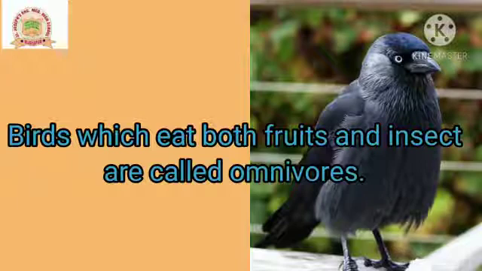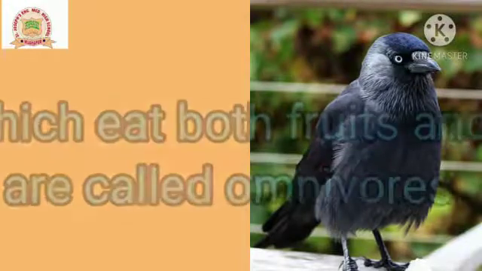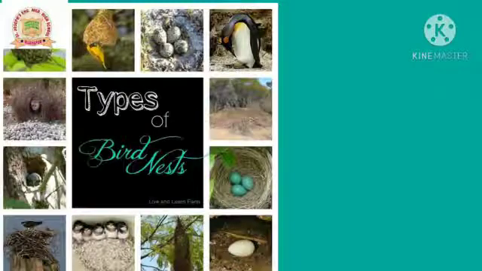That's why it is an omnivorous bird, means it can eat both fruits and insects. Children, you got it? What are the types of the birds? Herbivore, carnivore and omnivore.